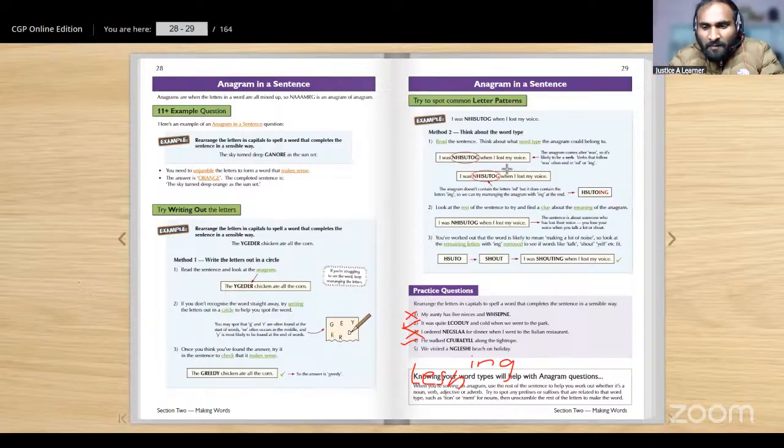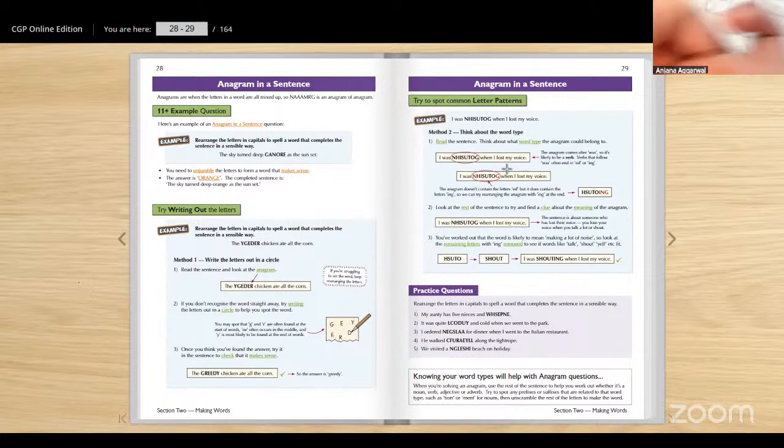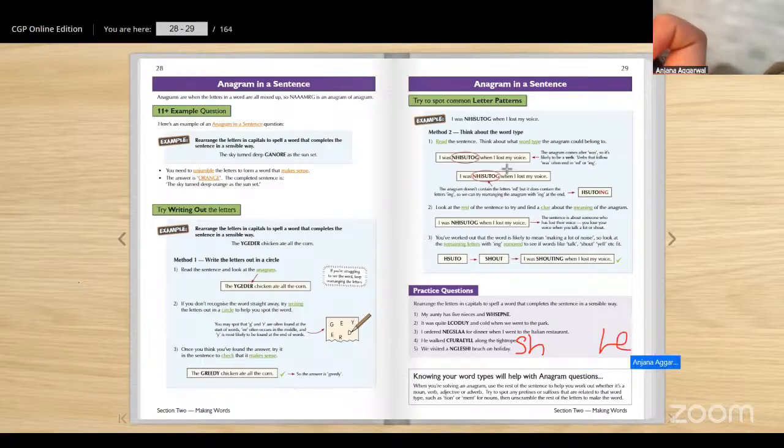I'm giving you the hint. It may begin with sh. Shelling. It may end with le. So we've got LE, and in the middle we have ING, right?